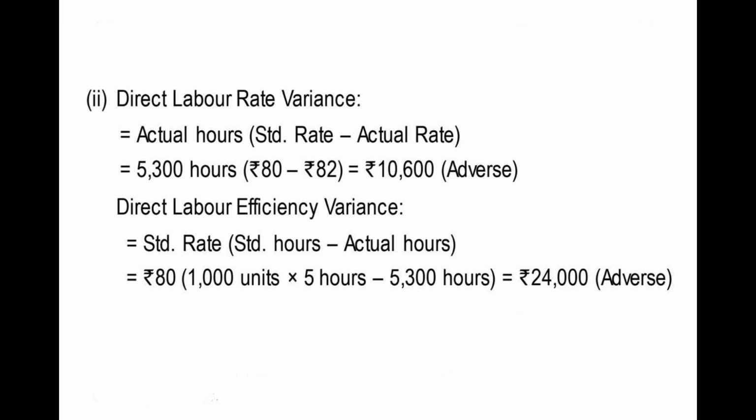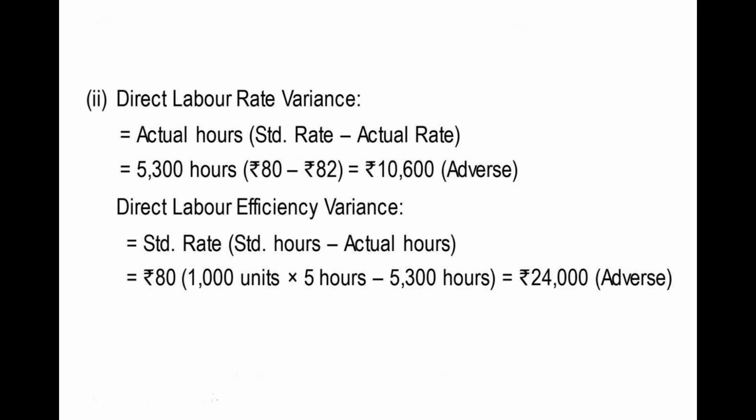Actual hours are given in the problem straight away. You can update 5,300. So the standard hours for completing the 1,000 units is 5,000 hours but the labor has taken 5,300 hours for completing 1,000 units. So 300 hours is more than the standard. So it is also adverse to the company.